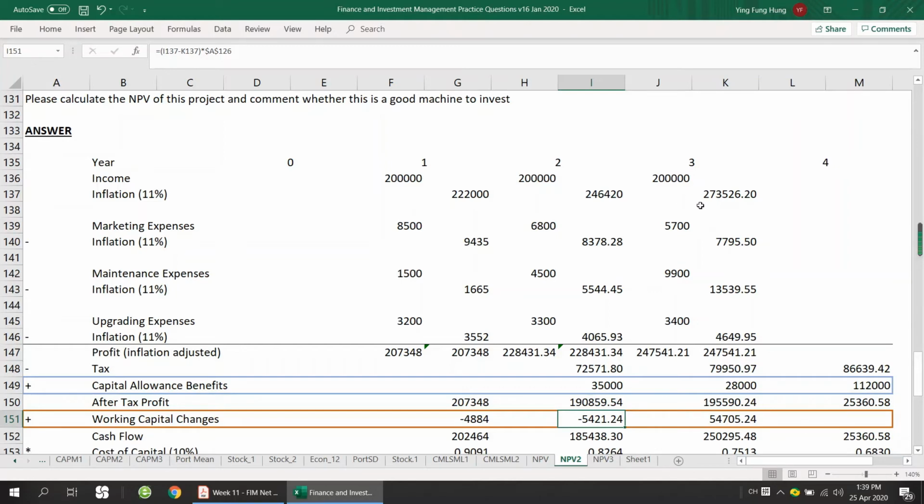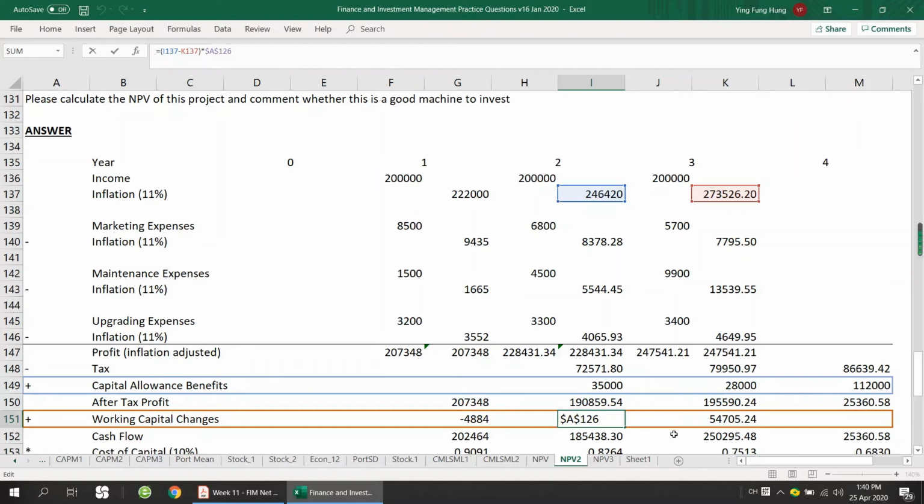And in this case, the working capital changes can be obtained by the sales in year 2, which is this 246.42 thousand, minus the sales in year 3, which is this 273.5262 thousand, and then this will have to be multiplied by the 20% based on the question in the cell A126.